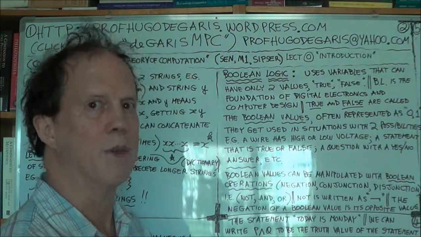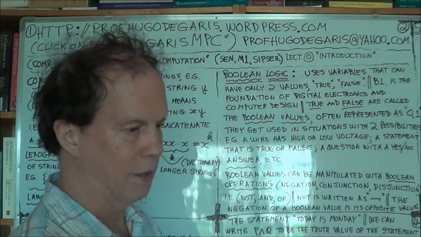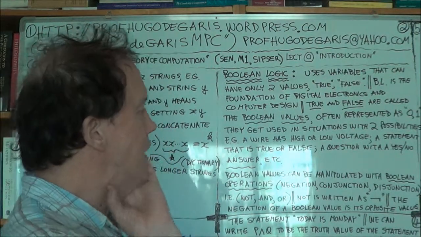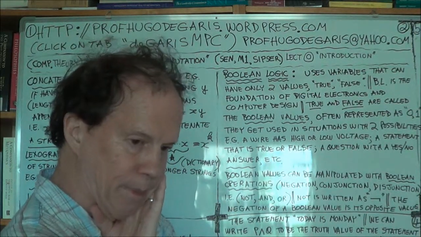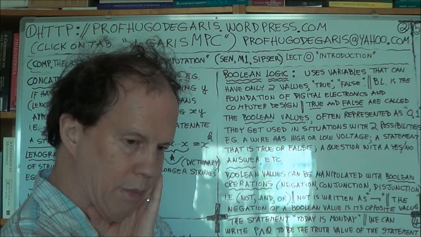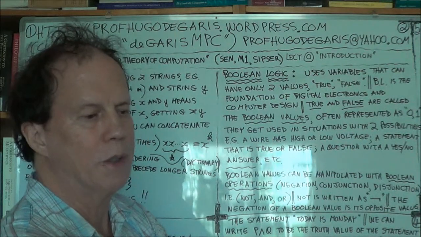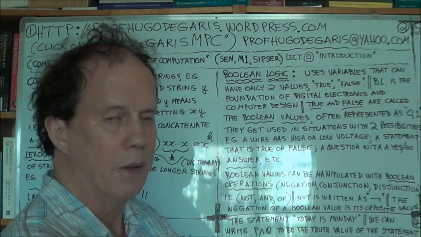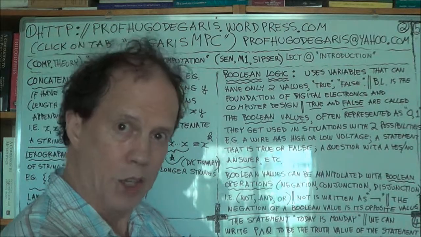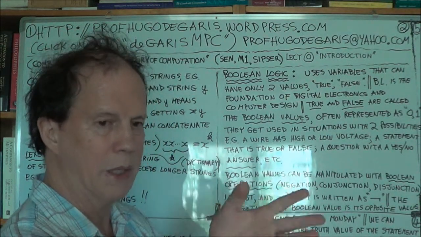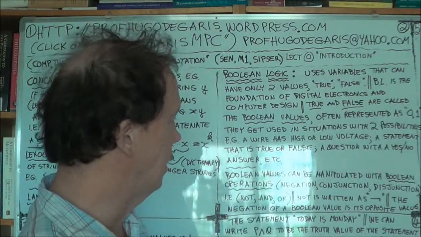But in the Boolean counting system, we only have 2, 0 and 1. Now, the great benefit of the Boolean system is you're able to combine arithmetic and logic using the same language. That won't become clear immediately, but it will later.